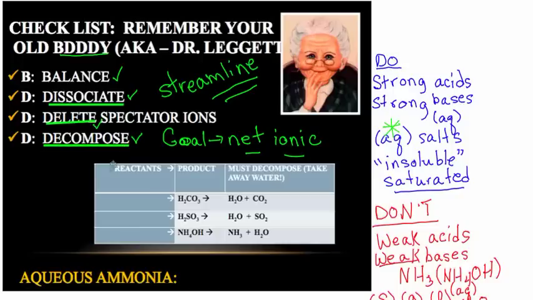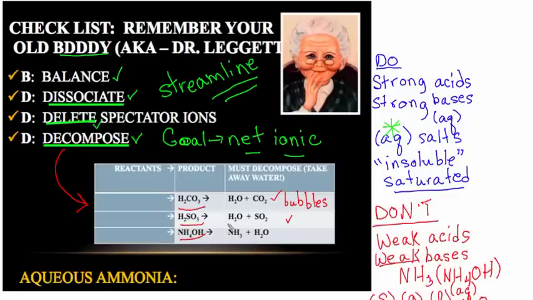I want to take a look at that decompose again. You don't want to walk away from any type of reaction without addressing that decompose concept. And these are the three things that must be decomposed when they form as products. H2CO3 has to be brought to H2O and CO2. And you would see bubbles as evidence of a chemical reaction, as you would here.